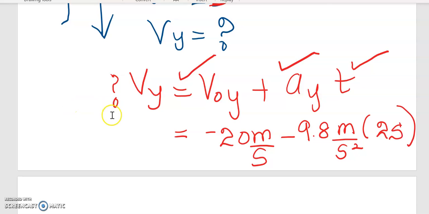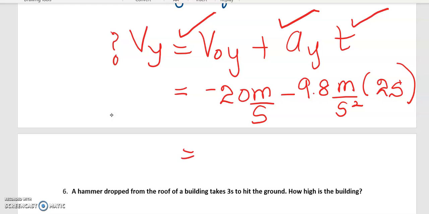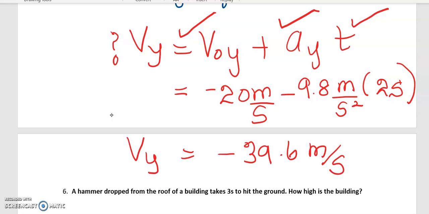Simple as that. You don't have to wait, you can pause and do it. The final y velocity is negative 39.6. Don't forget it's negative because it's going down. You throw it down. Okay, so this is the final y velocity.